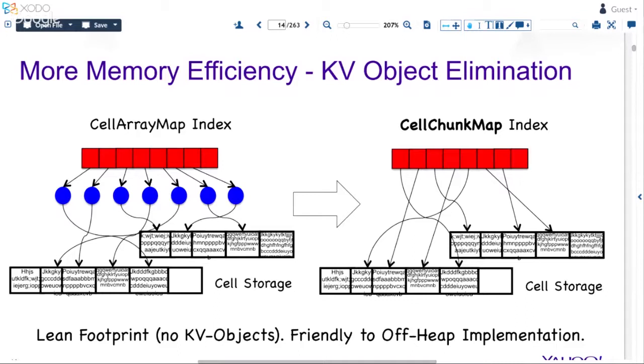It's very friendly to off-heap implementation, because the whole index can be put off-heap. There is a very nice project running in parallel, which takes care of off-heaping the read path. So this project is complementary, because it can put the whole write path off-heap.